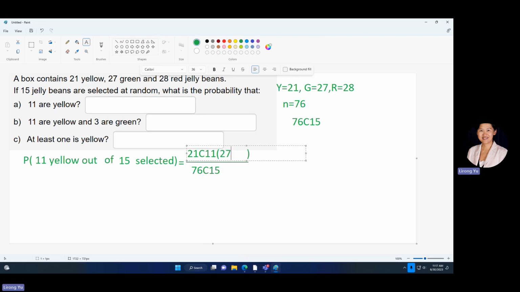So that's 27 choose 4. This is all green. Or you can have 3 green, 27 choose 3, times 1 red, that's 28 choose 1. So 3 green, 1 red. Or it can involve all the combinations.